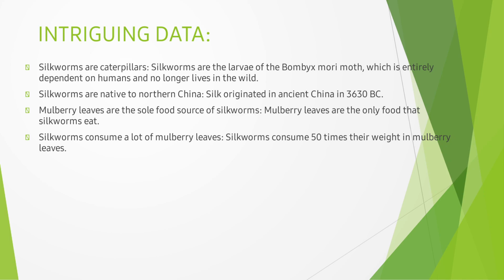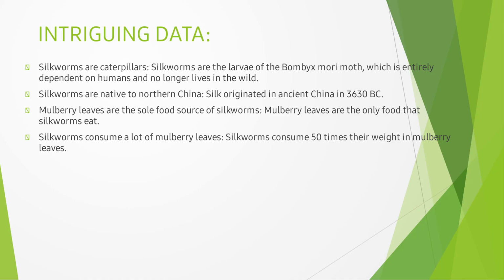And finally, I have also given some fun facts about mulberry and silk. The species Bombyx mori. Silkworms or caterpillars are the larvae of the Bombyx mori moth, which is entirely dependent on humans and no longer lives in the wild. These silkworms are native to northern China.